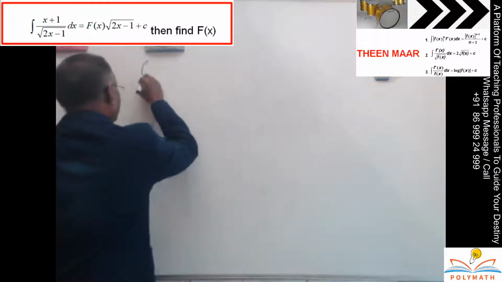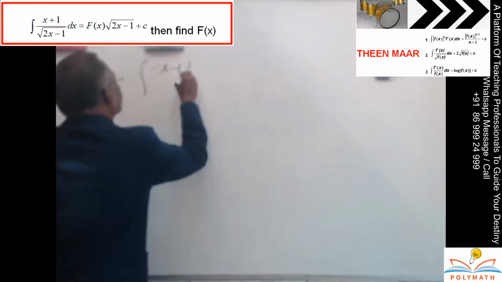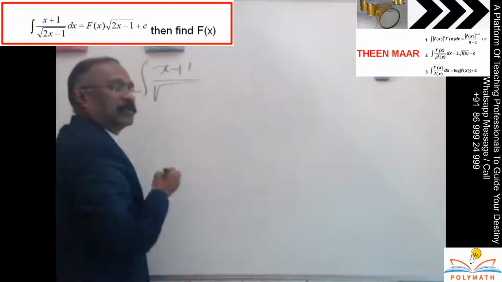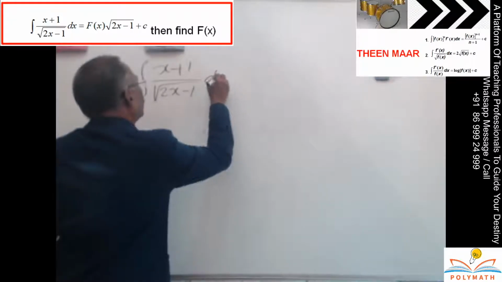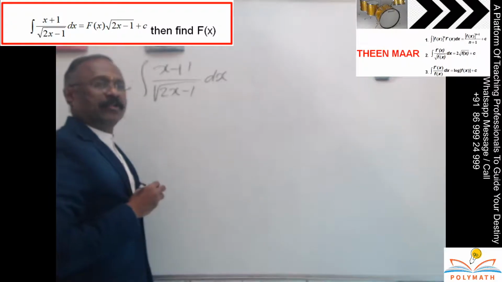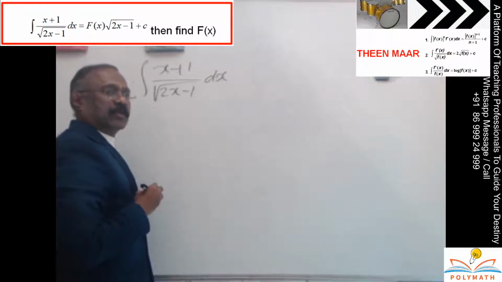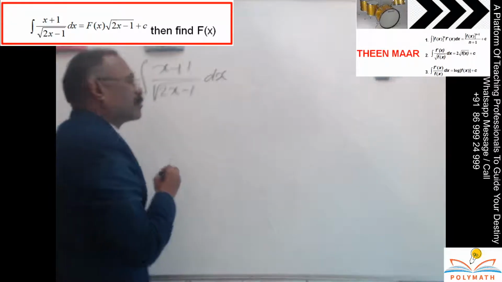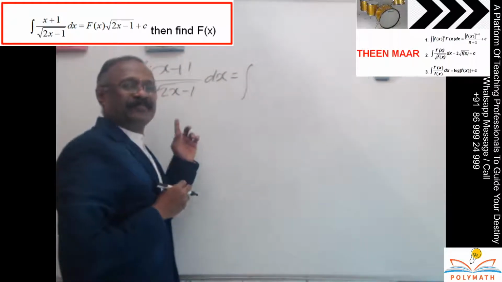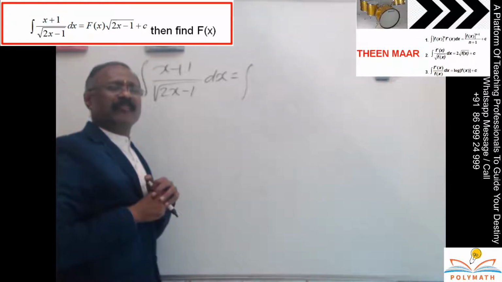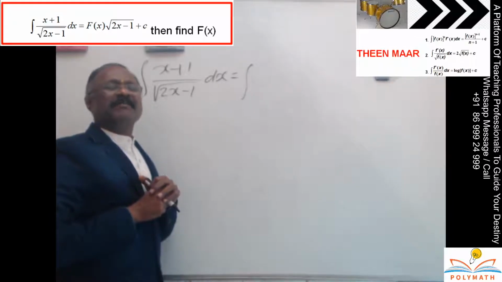So it is integral of (x + 1) divided by root over 2x - 1 dx. Let us solve it as if we don't know the solution. So here, if you write this, what happens? It is integral of, what I'm doing now, I want to make use of this Maar formula.